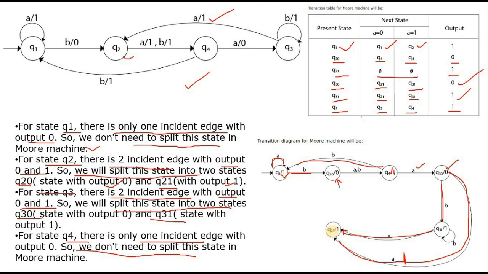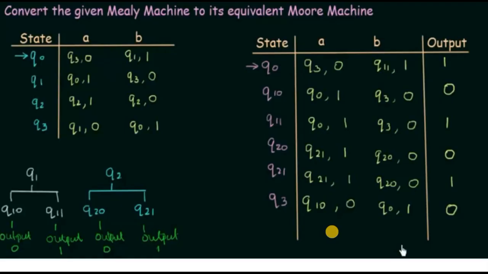In a Moore machine, state transition doesn't have any output considerations. This is another example in the same fashion. Directly here the state table is given. These are the different states, and we have to convert the Mealy machine to a Moore machine.